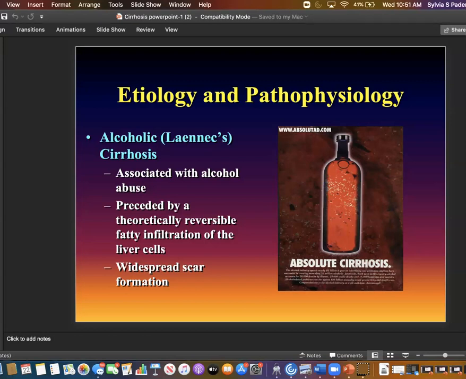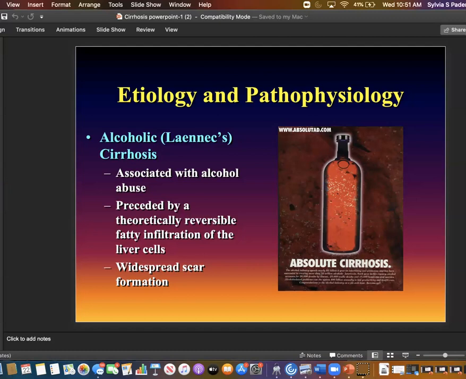So the alcoholic cirrhosis, otherwise known as Absolut cirrhosis, from the Absolut vodka, is mostly associated with ETOH abuse, and then theoretically reversible fatty infiltration of the liver cells, and then widespread scar formation.